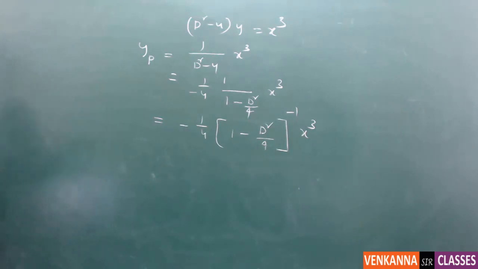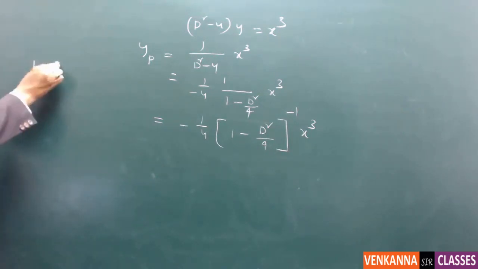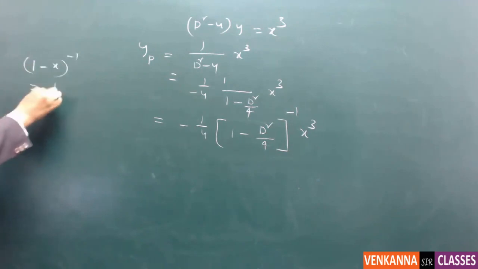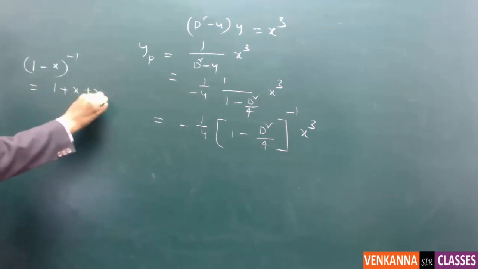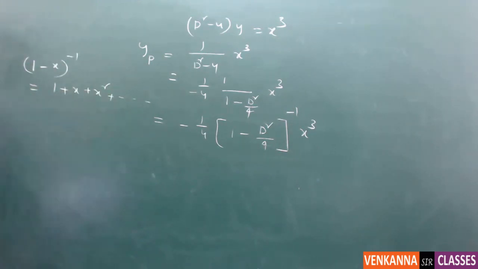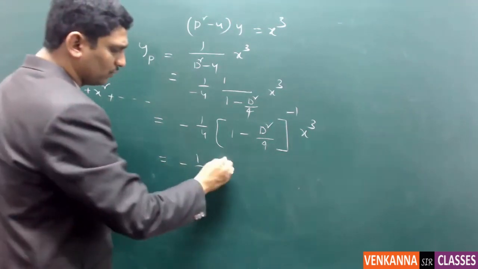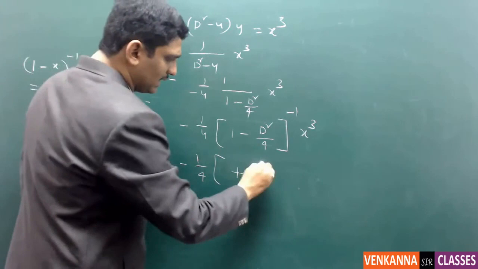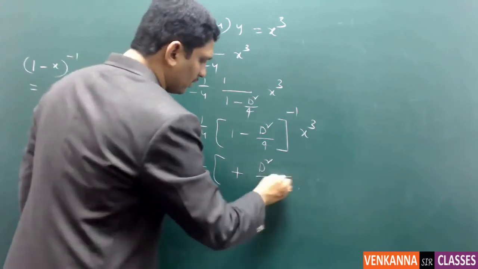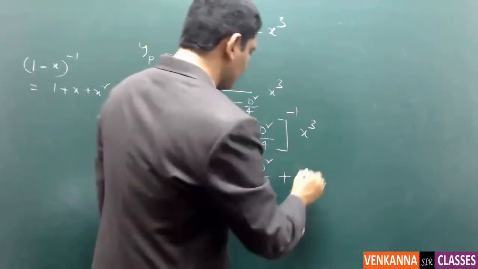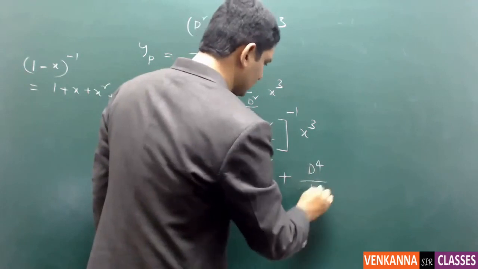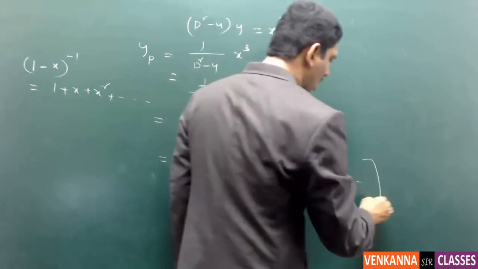Now expand it. I will write the expansion again: 1 plus x plus x square and so on. So applying this, minus 1 by 4 into 1 plus d square by 4, plus d power 4 by 16, plus so on, of x cube.